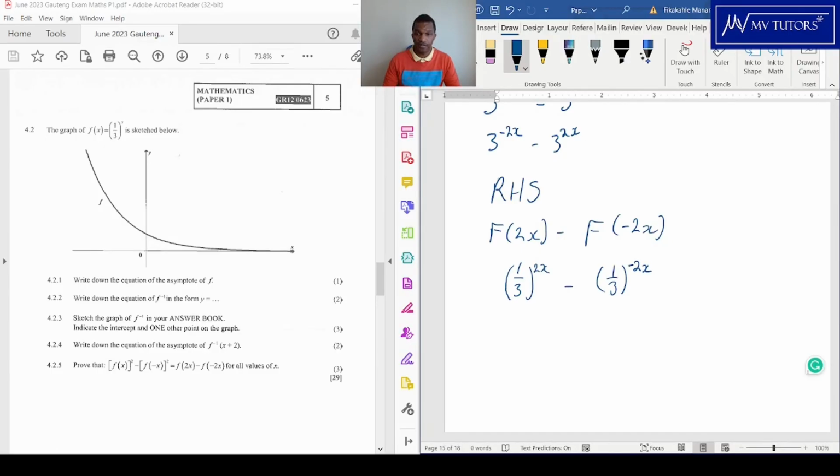Let's get rid of the fraction. This is going to be 3 to the power minus 2x minus 3 to the 2x. Now we've already been through this. A minus and a minus is going to give us a positive 2x. Therefore, the left-hand side is equal to the right-hand side. They're both equal to each other, and we've done the proof.